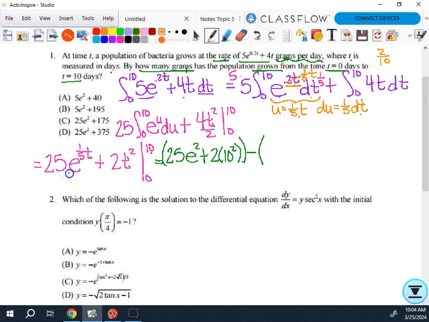When I substitute 0 into here, that makes the exponent 0, which makes this 1, so this just gives me 25 plus, and then that's just, so this is going to give me 25e squared. 10 squared is 100 times 2 is 200 minus 25. So that would give me 175, and my answer is C.